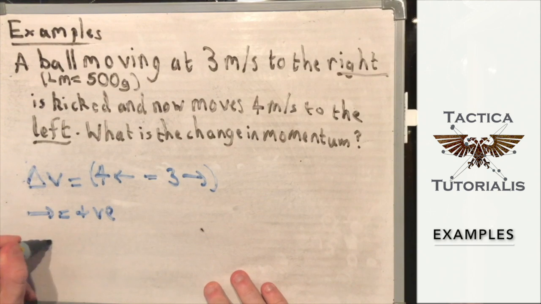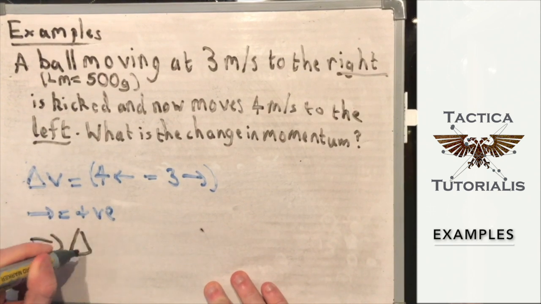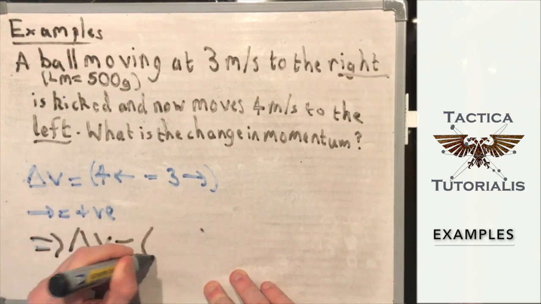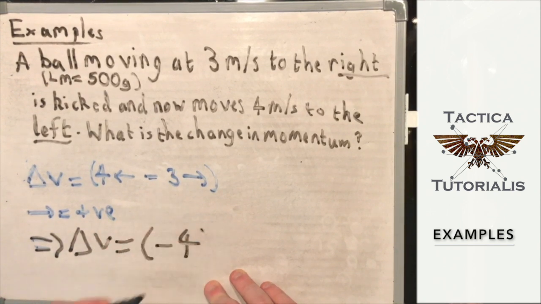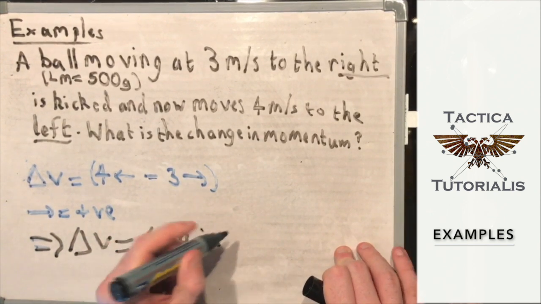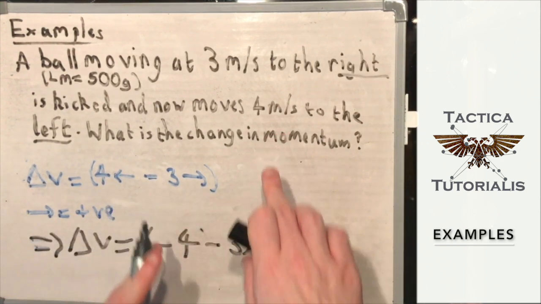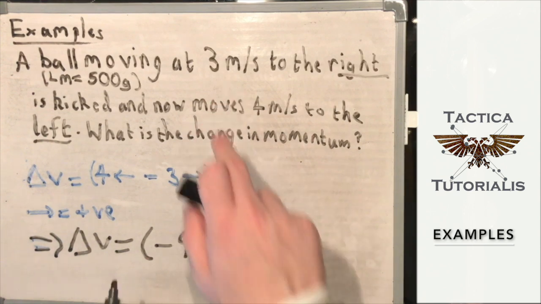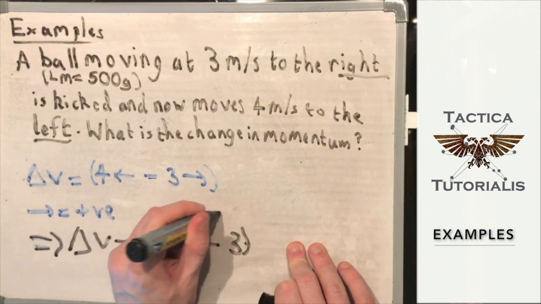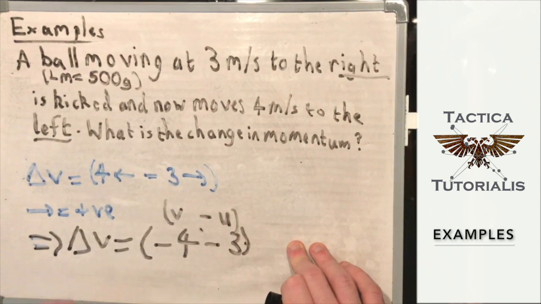We can therefore say delta V is minus 4 to the right, minus 3 to the right, because both of them are now treated as moving right. So there's your V minus U that we had before.